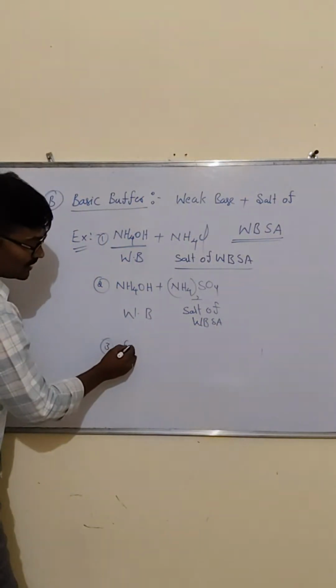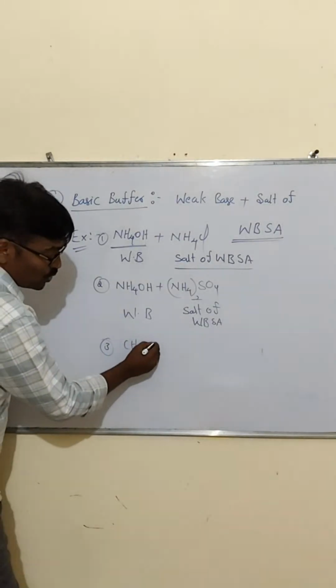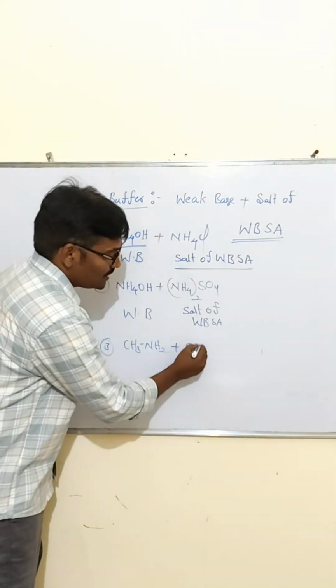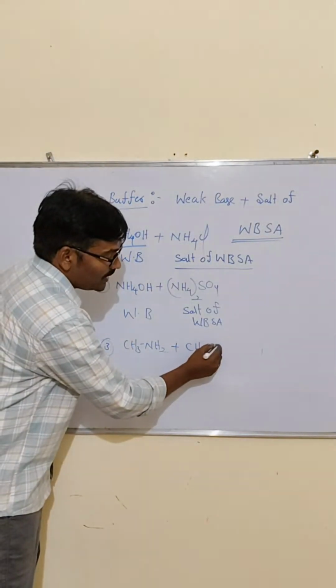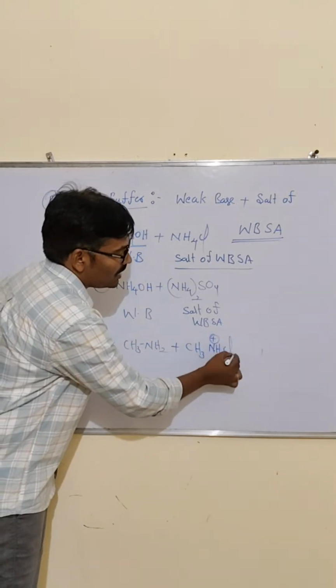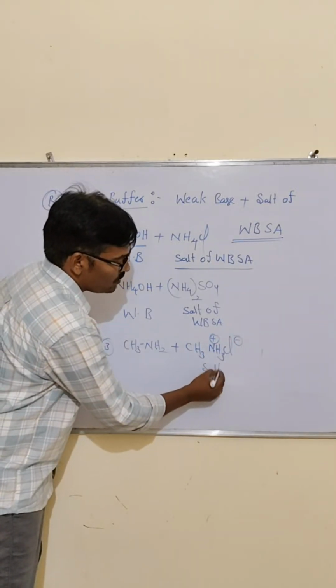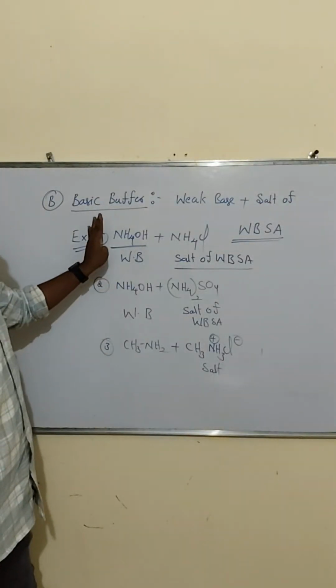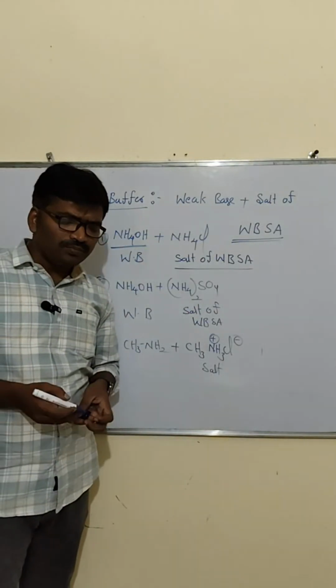Then one more, CH3NH2, ethanamine, plus CH3NH3+Cl-. This is a salt of strong acid and weak base, right? So all these are basic buffers.